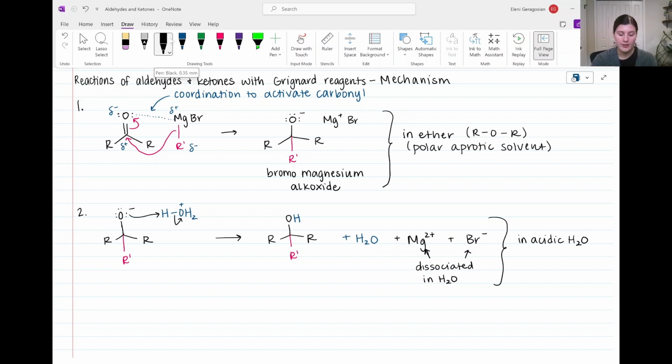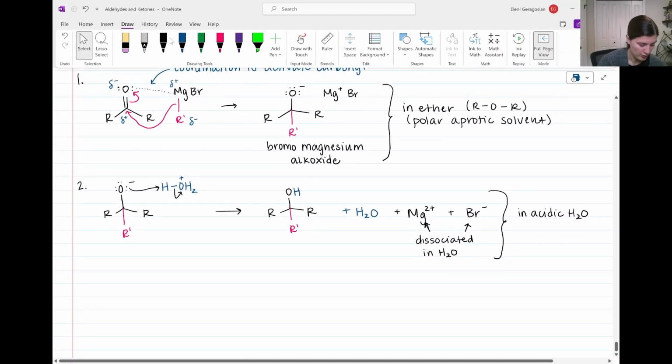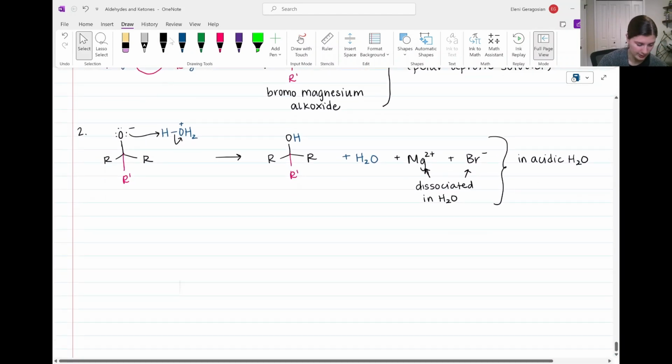Now, there are other organometallic reagents that react in similar ways. We won't do the whole mechanism, but I'll show you two reaction schemes to show two other organometallic reagents.